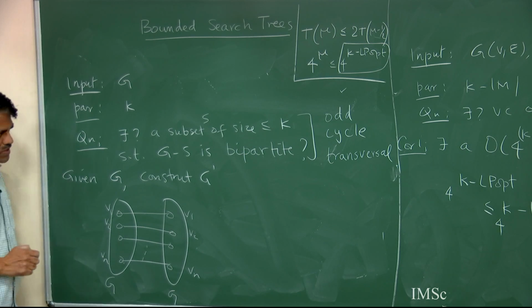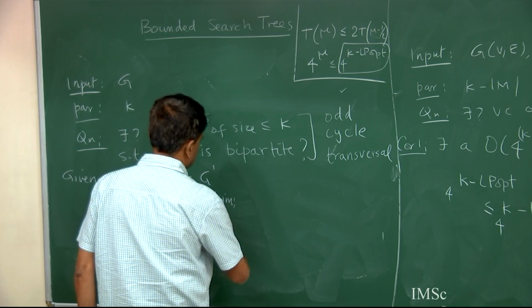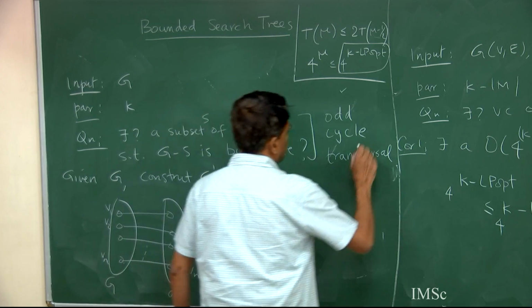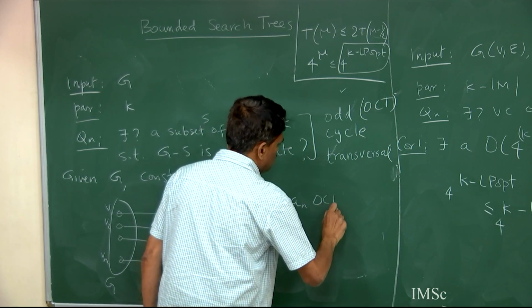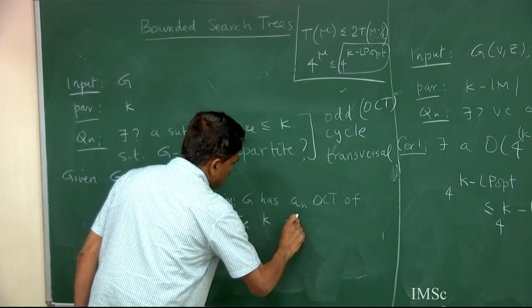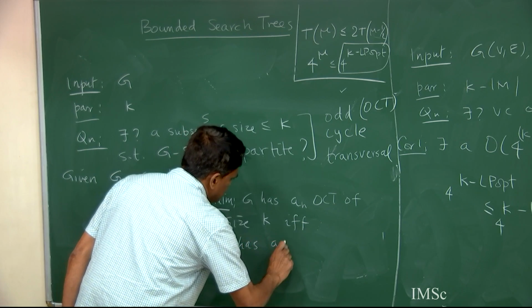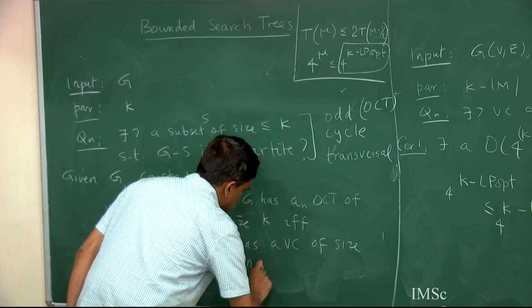So, now the claim is G has an OCT, odd cycle transversal, of size k if and only if G prime has a vertex cover of size n plus k.